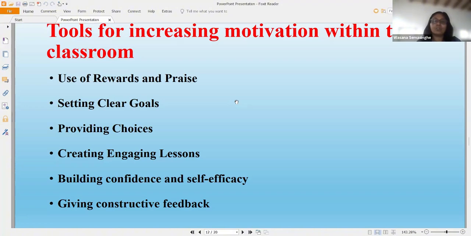And setting clear goals. Students are more motivated when they know exactly what they are expected to achieve. If your goals are clear, they are motivated. You can monitor their progress.